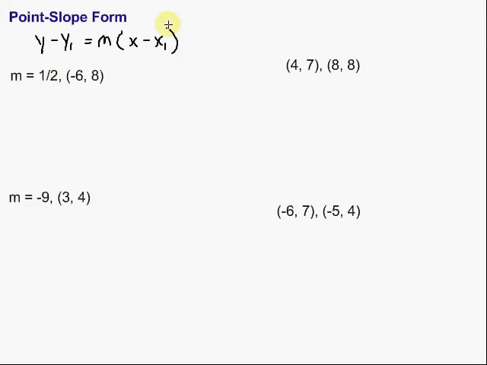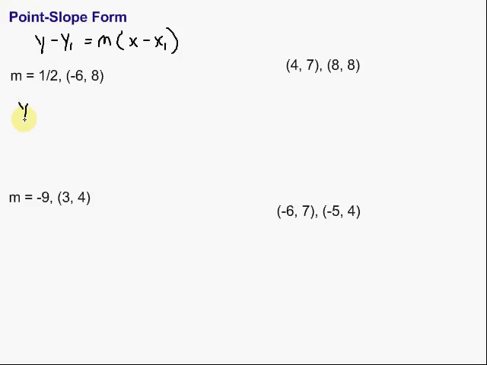Alright, so we can use that to write an equation if we're given a point and the slope. So here we go, we're given the slope and a point. So we can just go ahead and fill in those things, and then we've got our equation.